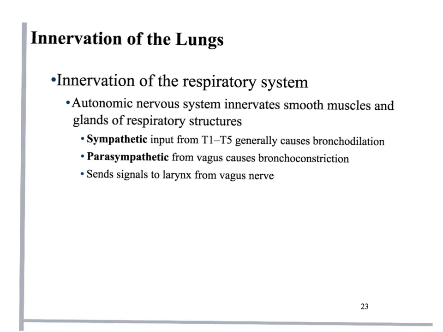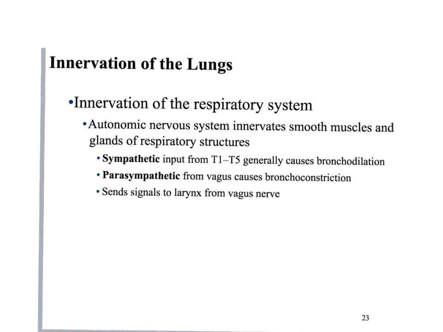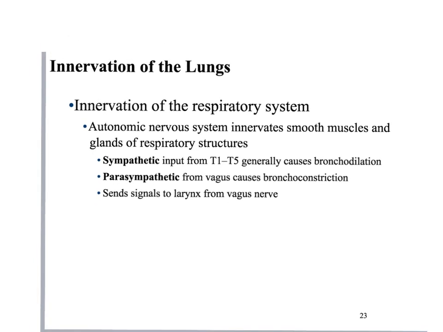Last thing we're going to cover today, innervation. You can consciously think about your breathing, right? And you can control it. It is also under innervation by parts of the brain that it is uncontrollable. It's involuntary. Okay? So you have the autonomic nervous system innervates the smooth muscles and the glands of the respiratory structures.